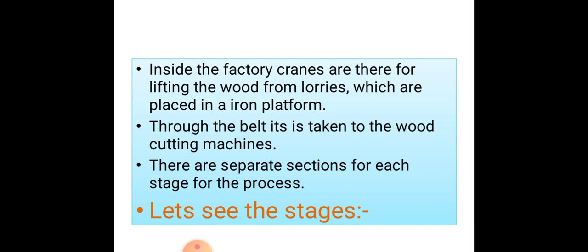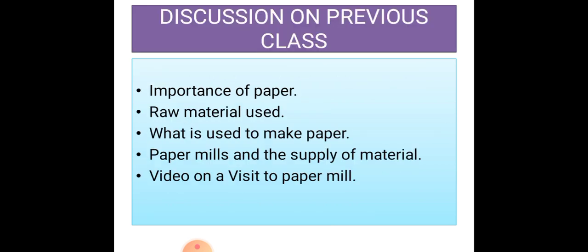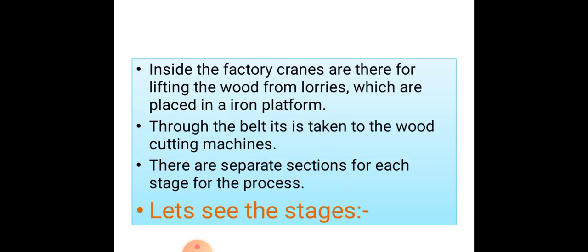Before we go to the stages, we have also seen inside the factory, cranes are there for lifting the wood, which are placed on an iron platform. Then, through the belt, it is taken to the wood cutting machines. So that is the first process.